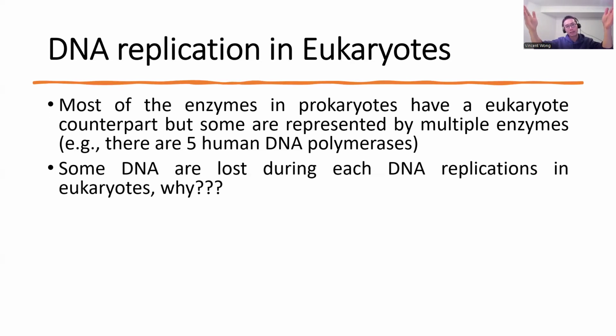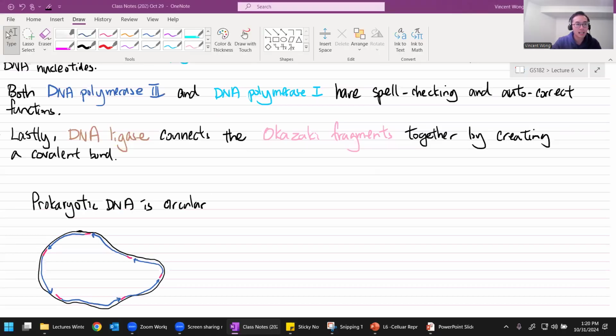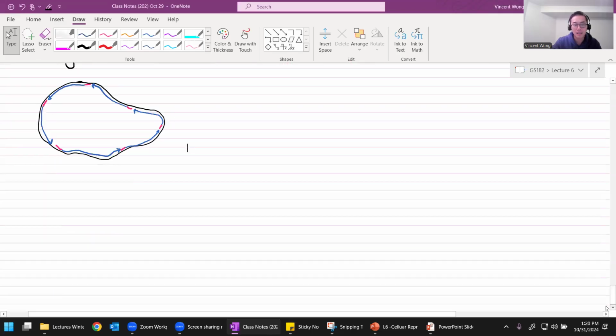If you copy it, then it gets shorter. If you copy it again, it gets shorter and shorter. So every time you copy, which is every time your cell divides, the DNA gets shorter and shorter and shorter. So of course you might wonder, will it die at some point? Yeah, we're going to get to that. That is a very good question. But let's understand why it gets shorter every time first.